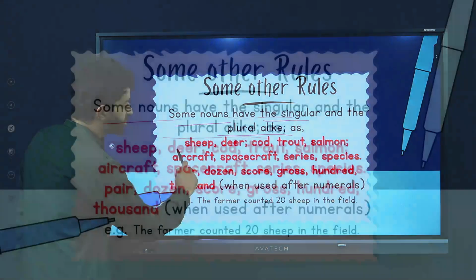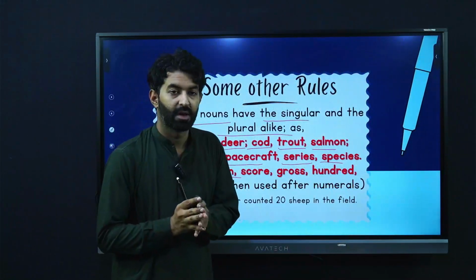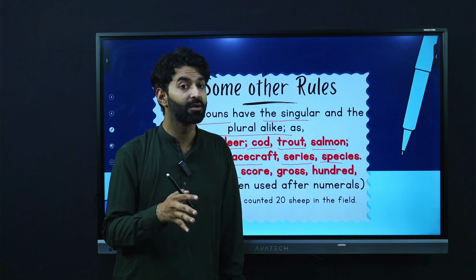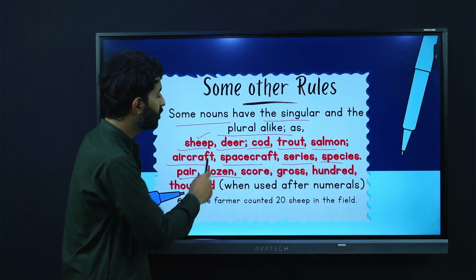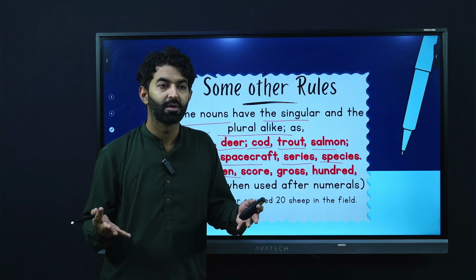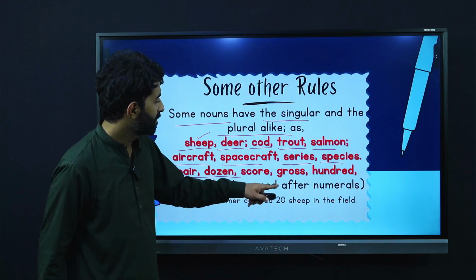For example, sheep, deer, cod, trout, salmon, all these words that you are seeing over here are not to be changed. They can be acting as singular and plural nouns. You will say there is a herd of sheep, not sheeps.